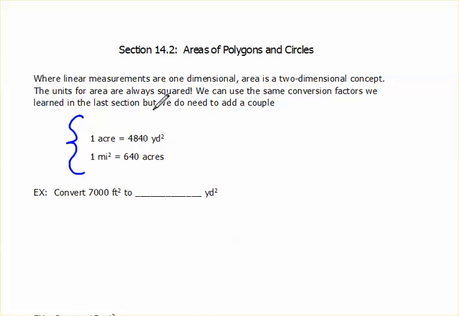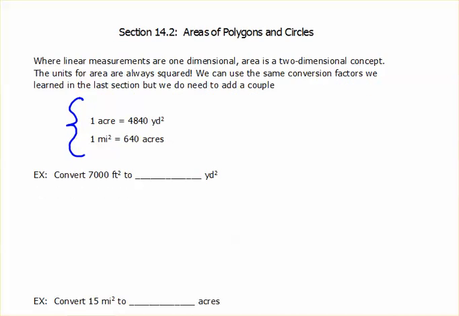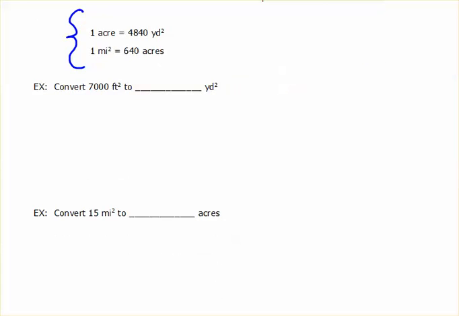All right, so let's jump in here and say our first example says convert 7,000 square feet to blank square yards. All right, so remember our dimensional analysis. We're going to start off with what we're given, which is 7,000 square feet over 1.